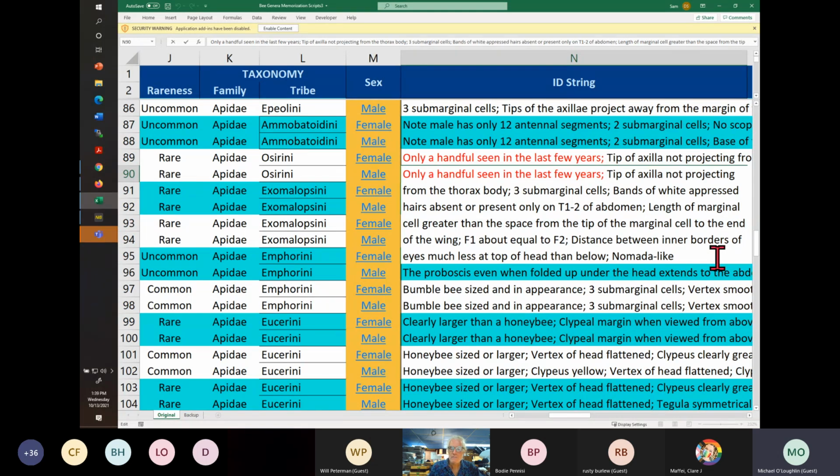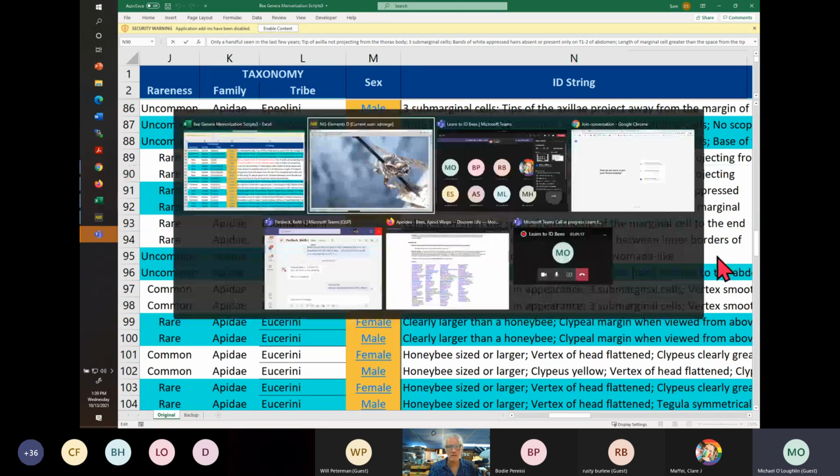They say bands of white hair, appressed hairs absent or present only on T1 and 2 of the abdomen, although that seems wrong compared to what we're looking at. Length of marginal cell greater than the space from the tip of the marginal cell to the end of the wing. F1, so that's the first flagellar segment, about equal to F2. And then distance between inner borders of eyes much less on the top of the head than below. It says Nomada-like. I'd find it more similar to Triepeolus and things like that.